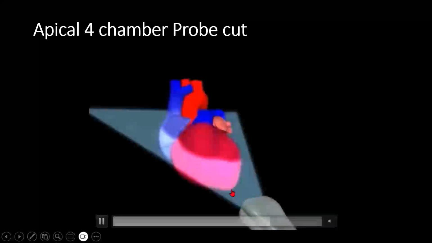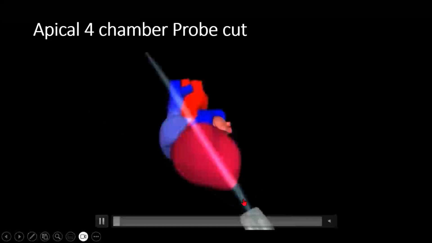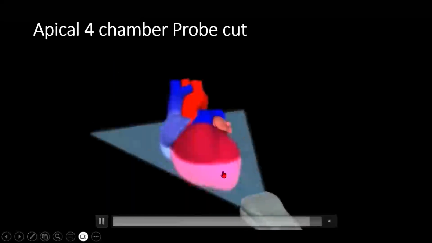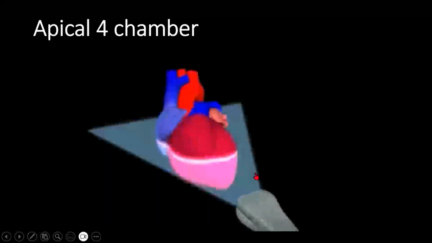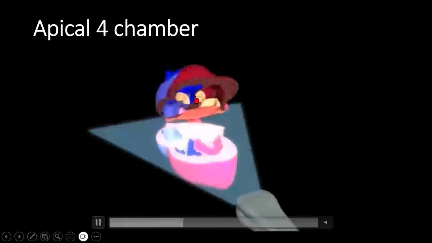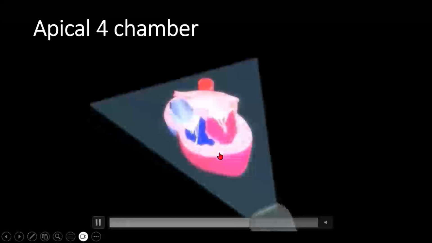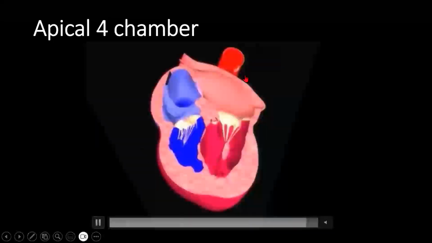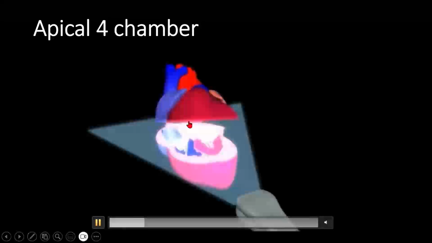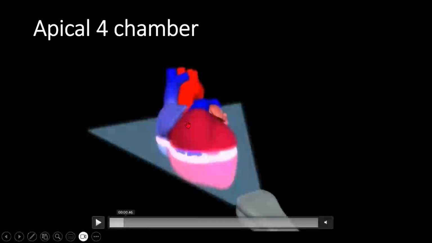So this is how the heart has been cut. So this is the ultrasound probe. These are ultrasound waves. They go up and then they cut the heart and bring it in front of you. And now you see the aorta in this. This aorta is going up, wrapping around your atria and going backwards.